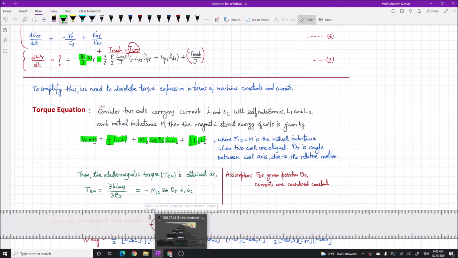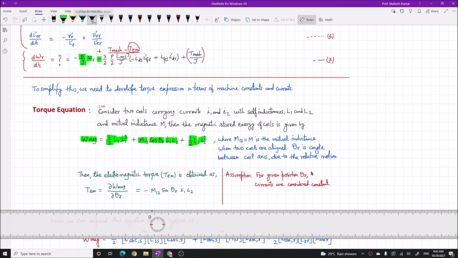This is a very fundamental expression for the torque that you would have developed in your previous courses, electrical machines. This is the equation for the stored energy in the magnetic field for 2 coils carrying the currents I1 I2 with the relative coil axis of theta r.